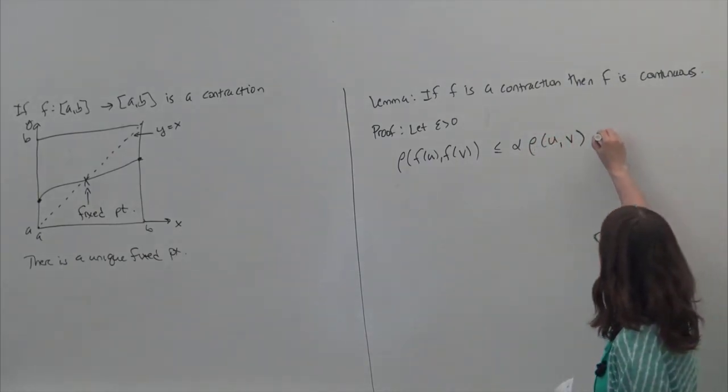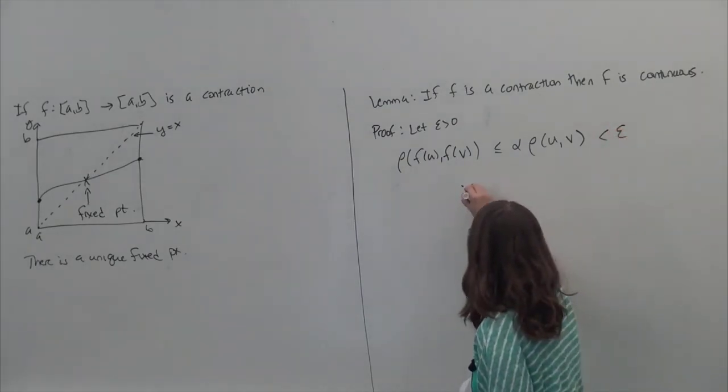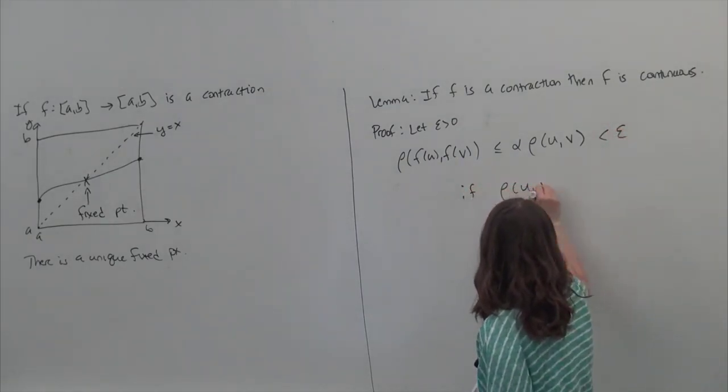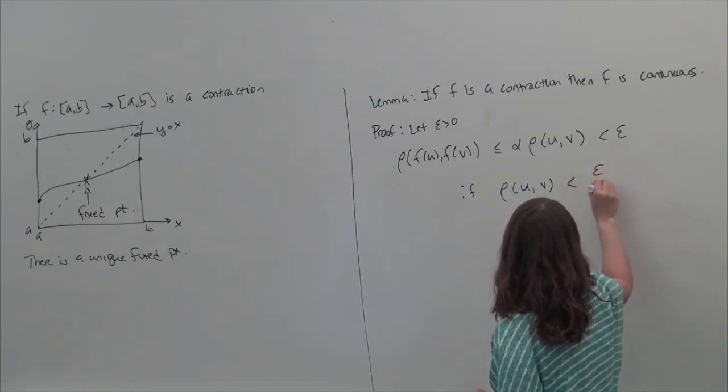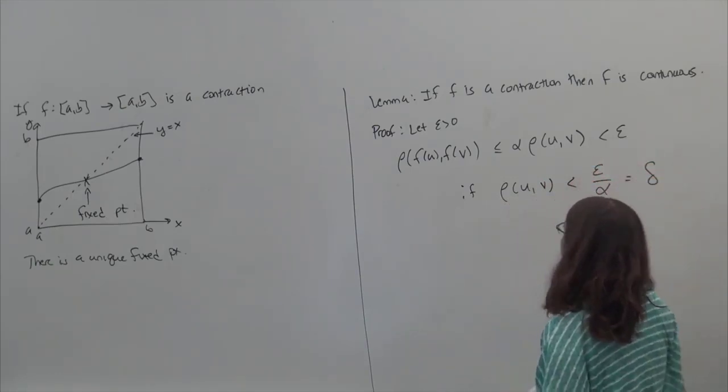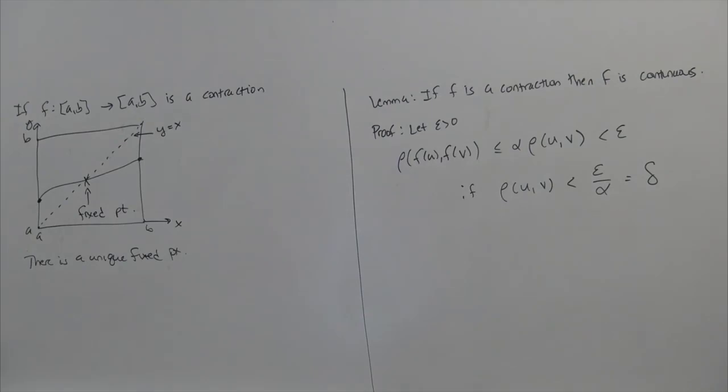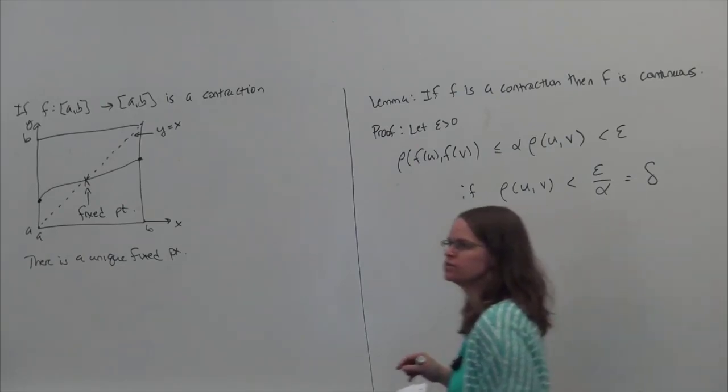And this we can certainly force to be less than epsilon as long as the distance between u and v is less than epsilon over alpha, and this becomes our delta. And that's continuity. So contractions are automatically continuous.